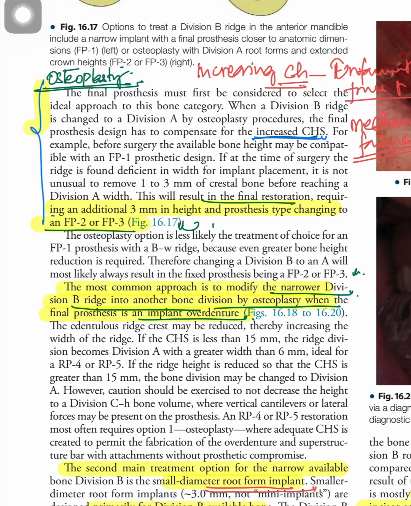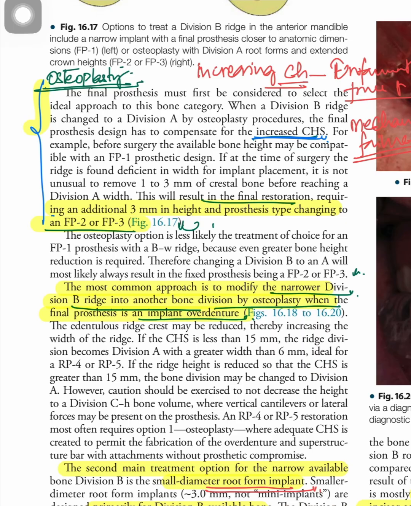So when you're doing an osteoplasty, basically you are shaving off some bone, and in my opinion, it should be reserved for those cases when you're doing a full arch. Suppose you're doing a full arch, you can do an osteoplasty and convert into type A bone. But if you're placing a single implant, osteoplasty might not be the best treatment option for this type of bone.